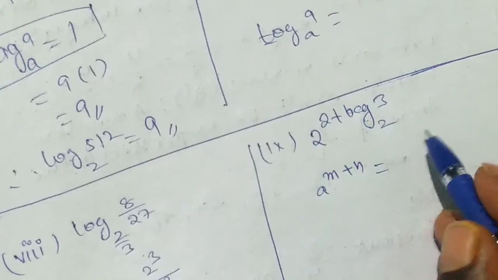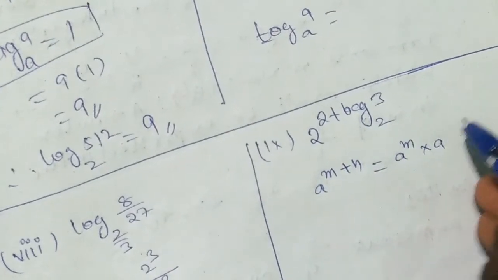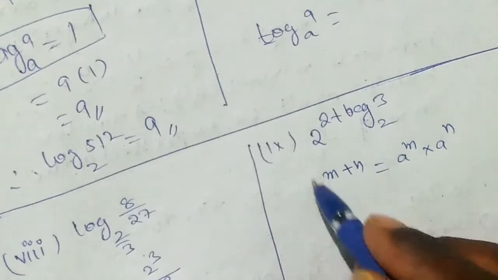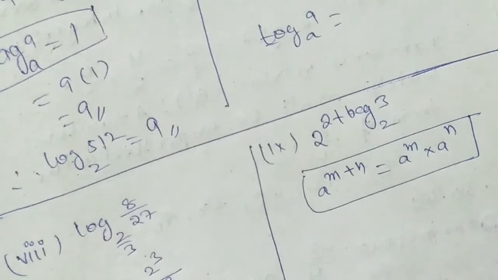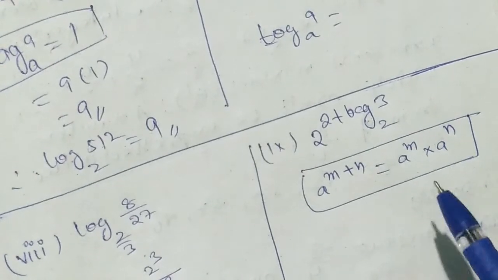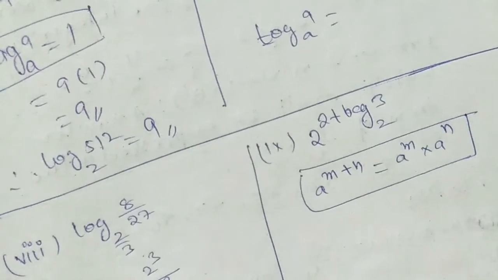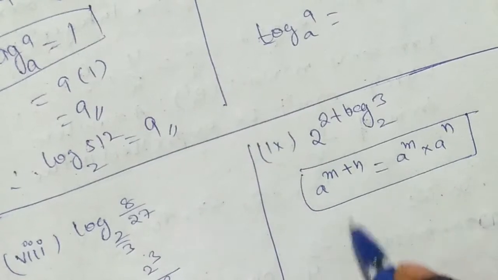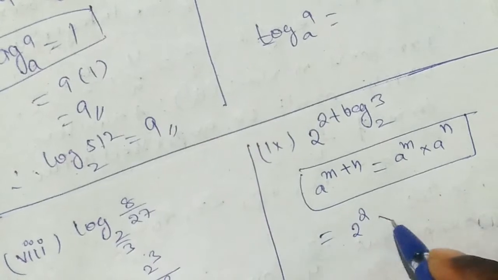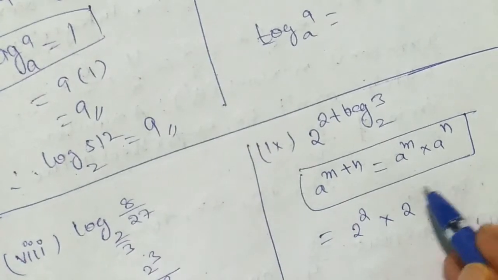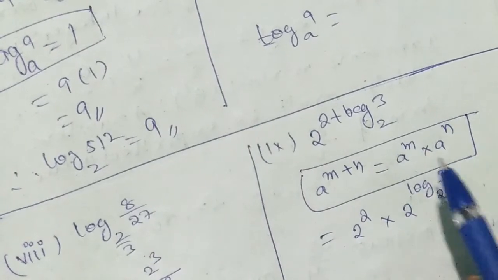What is the exponential law? a to the power of m into a to the power of n. I will apply this formula. So we can write it as 2 to the power of 2 into 2 to the power of log 3 base 2.